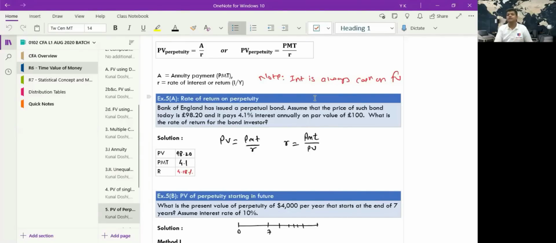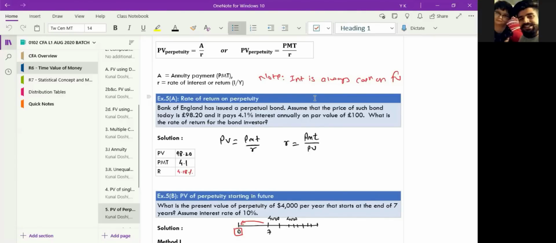Forever, isn't it? And they have said that the perpetuity is of 4,000. You are trying to find the present value. So you're trying to find the value today. How will you find that, guys? Can anyone walk me through this?